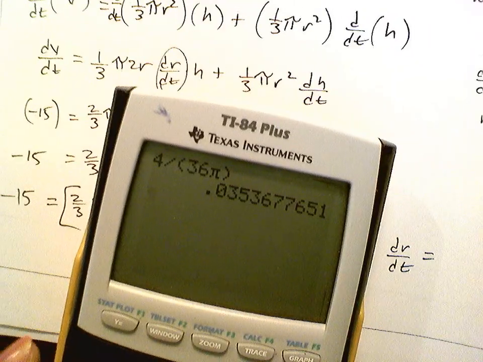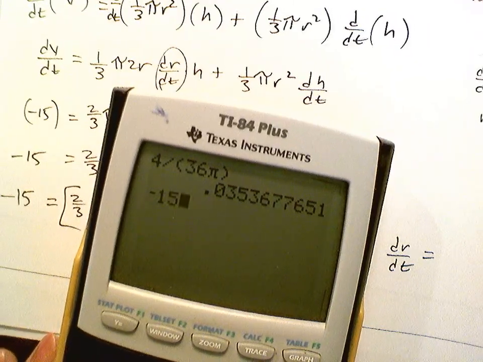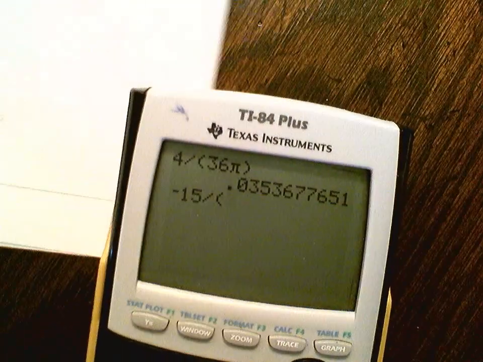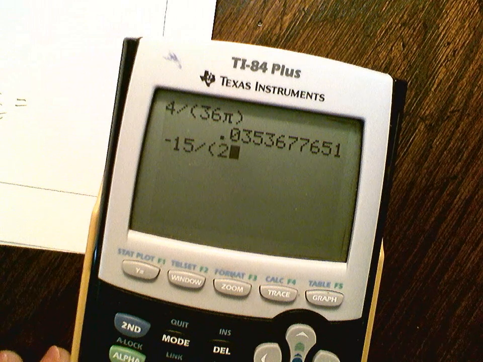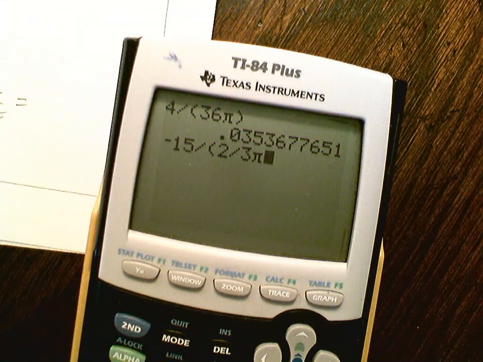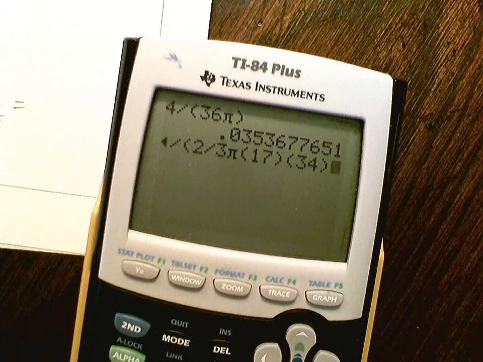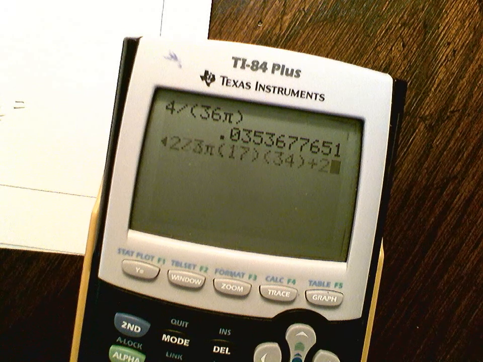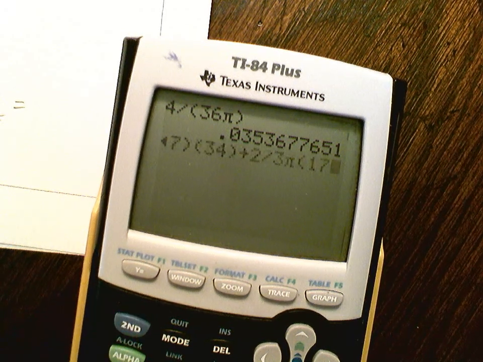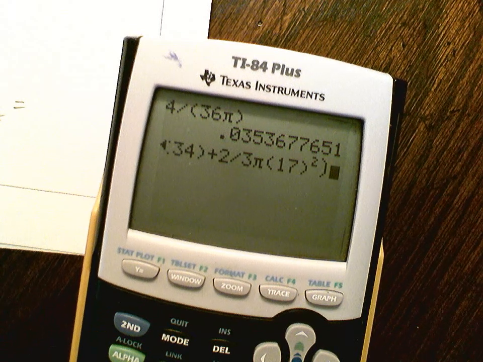Okay, so negative 15 divided by, gotta be careful, sometimes people come all this way and then they mess up in the calculator. So I'm typing it in exactly as it appears on my paper. Plus 2/3 pi 17 squared. Close the parentheses. Did I do that right?